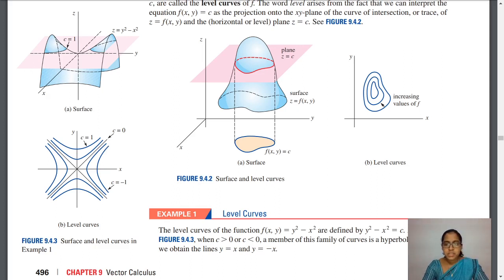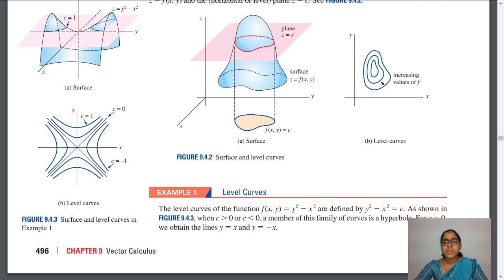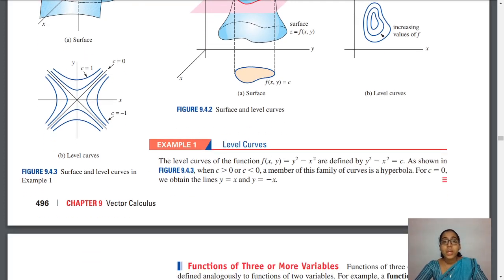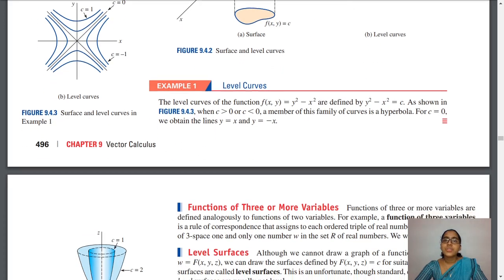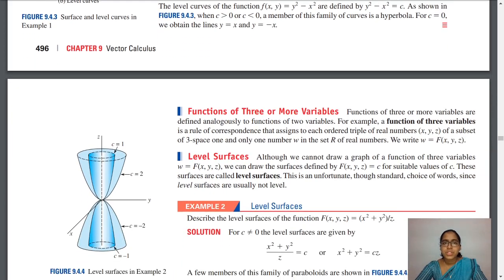And if c is 0, y square minus x square will be equal to 0. That is, y square is equal to x square. So we get y equal to x or y equal to minus x. This is how we find the level curves of a given function. We just have to equate the given function to c, whatever value is given to us.